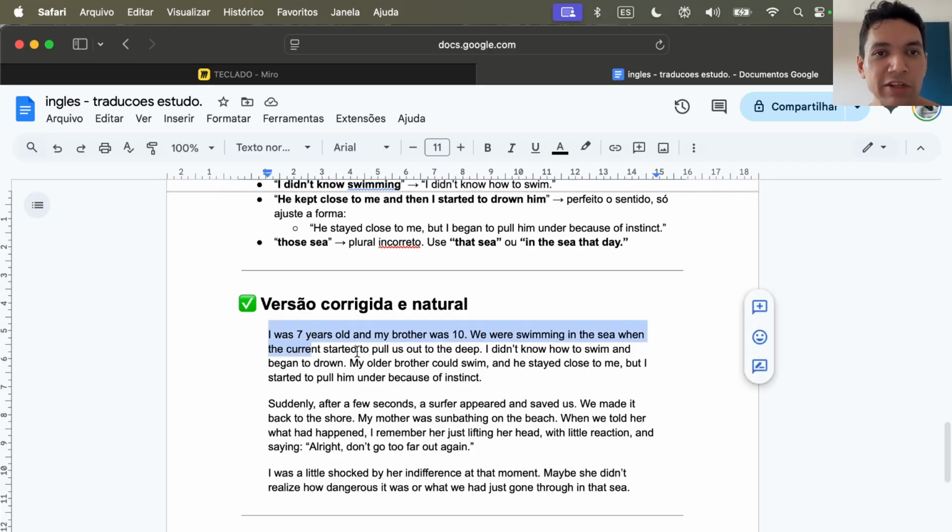I was 10 years old and my brother was 10. We were swimming in the sea when the current started to pull us out to the deep.